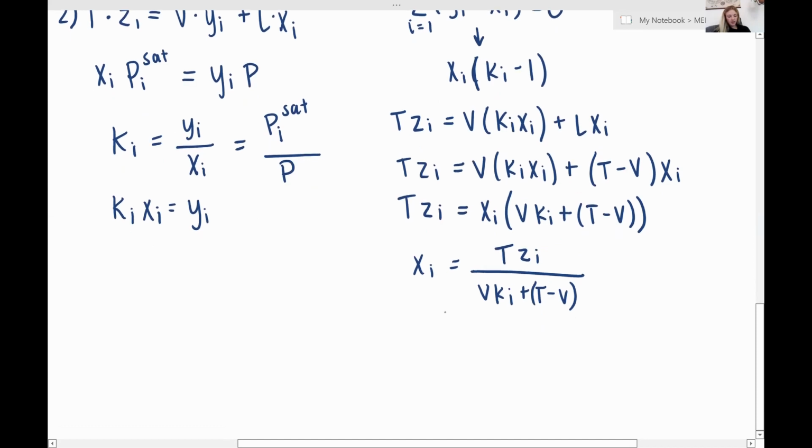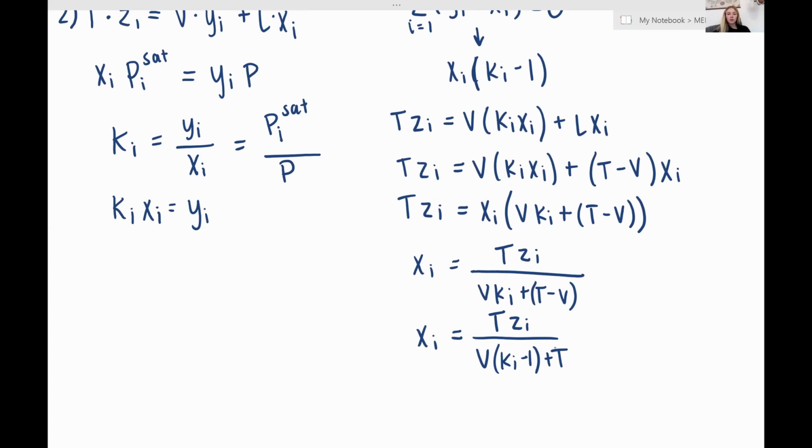And why don't we go ahead and factor out a V from this denominator here. So we'll have T zi over V times Ki minus 1 plus T. All right, so the next part that we can do here is pretty clever, actually.